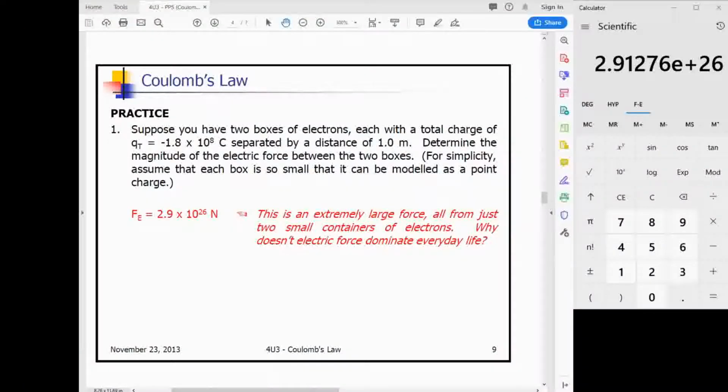So that value, 2.9 times 10 to the power of 26, is extremely large. That's larger than the gravitational force between the Earth and the Sun, believe it or not. And that is just from two small containers of electrons. So why is it that the electric force doesn't dominate everyday life?